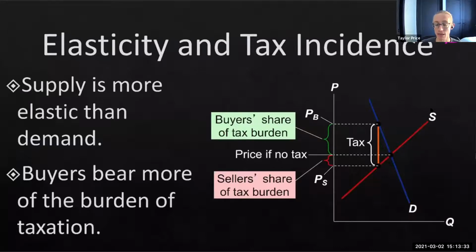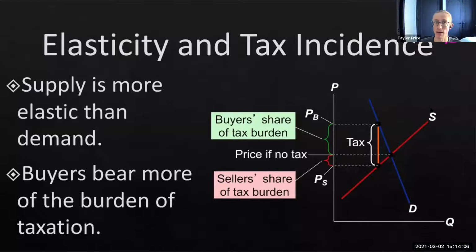What that means is that buyers are going to bear a larger share of the burden of taxation, or have a larger tax incidence, than sellers. We can see that here because buyers have this chunk, whereas sellers just have this tiny chunk. That is because demand is very, very inelastic, whereas supply is much more elastic.